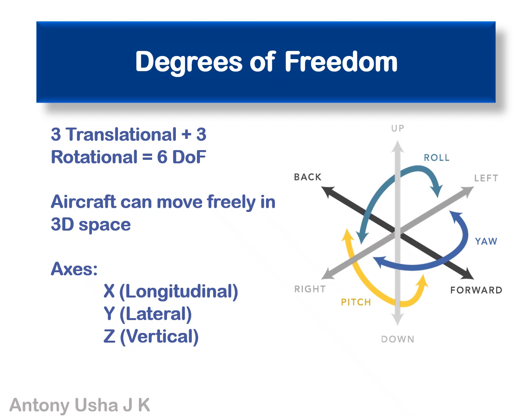Pitch, shown in yellow, tilts the nose up or down around the lateral axis, and roll, in teal, rotates the wings up and down around the longitudinal axis. Yaw, in blue, swings the nose left or right around the vertical axis. Together these motions allow an aircraft to maneuver in three-dimensional space, maintaining control and stability in flight.